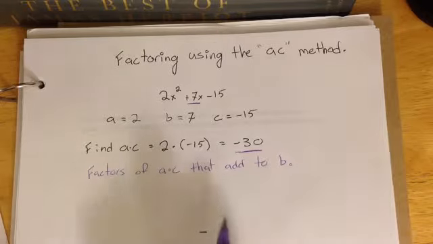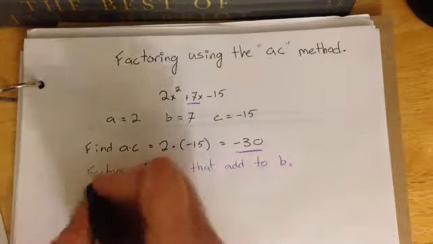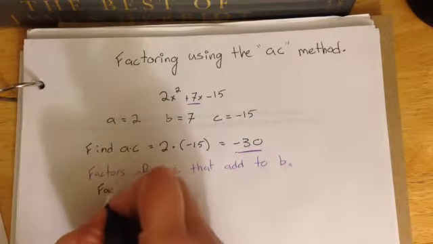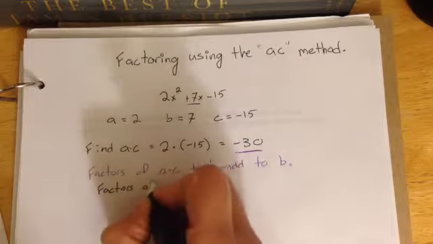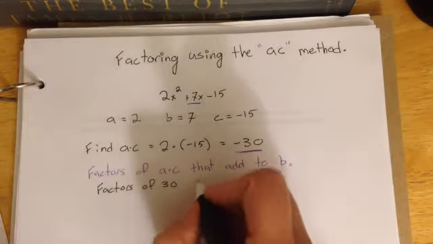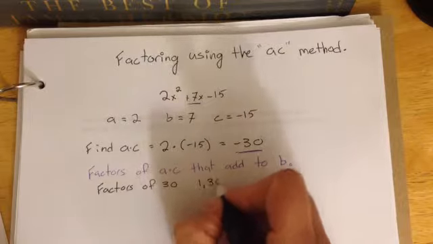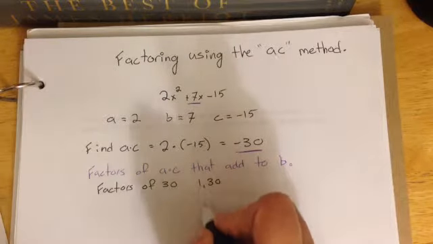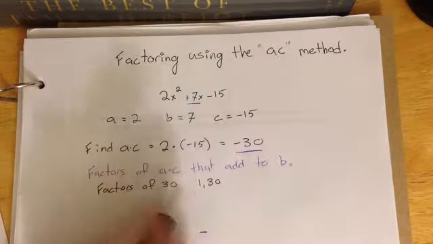I like to start by just listing all the possible factors of 30. The two easy ones right off the bat are 1 and 30. Then I just start going down. 1, 2.